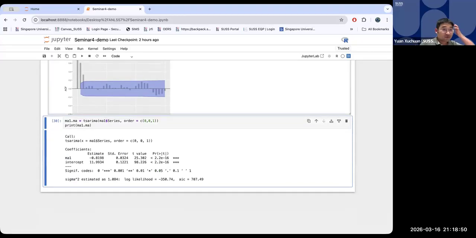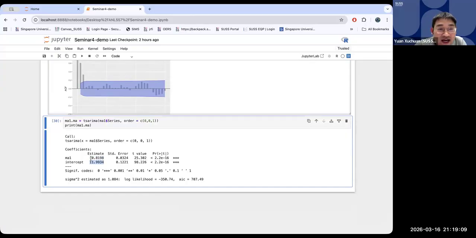Okay. Here you can see this is the MA1 model, and this is the coefficient of that MA1 term. This intercept actually refers to that mu, okay?